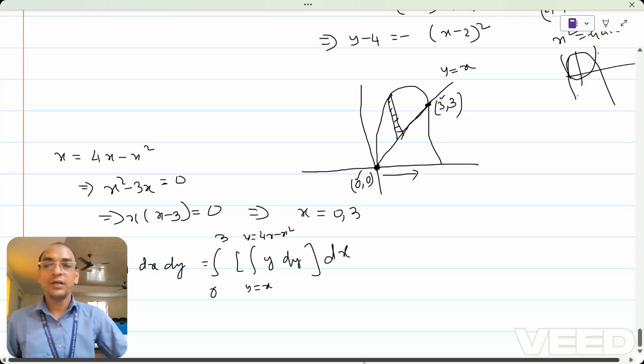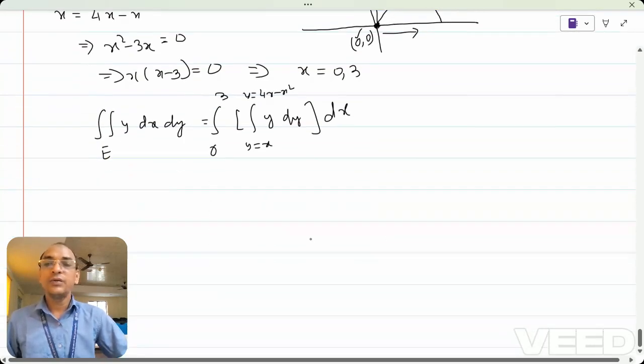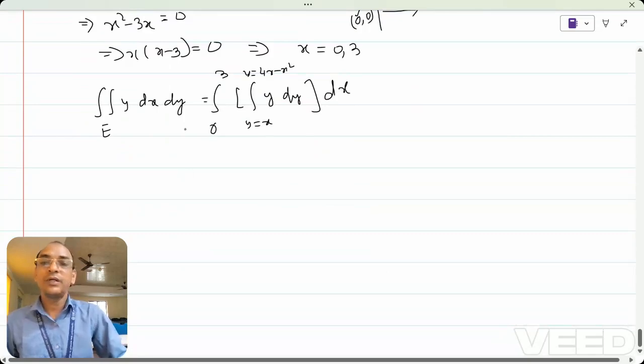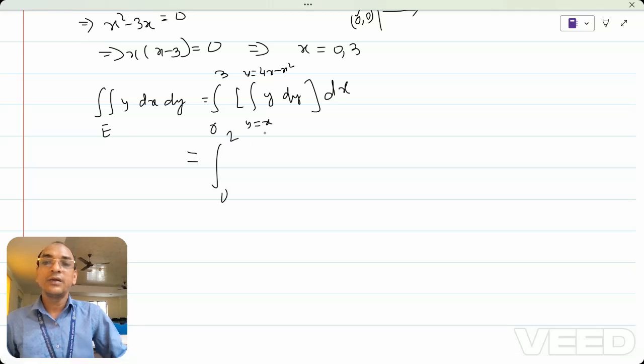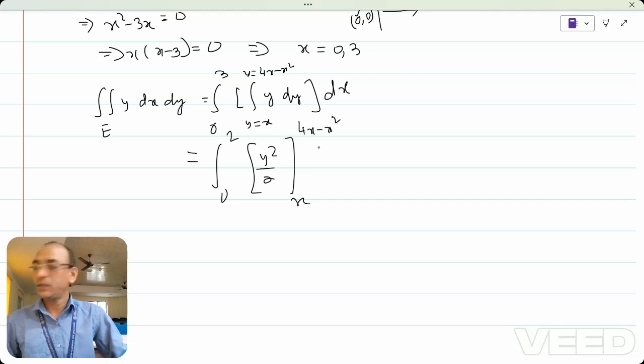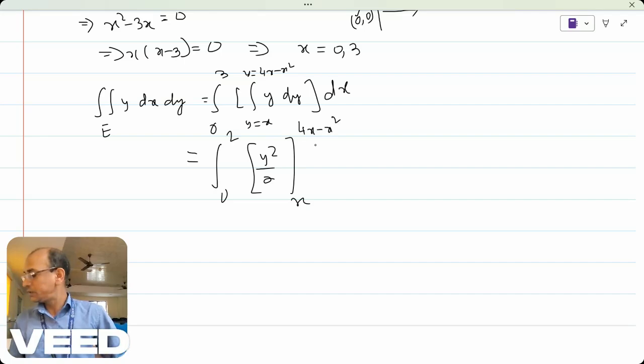And now you evaluate it. So first you evaluate the inner integral. Inner integral will be y square by 2, and the limits are x to 4x minus x square.